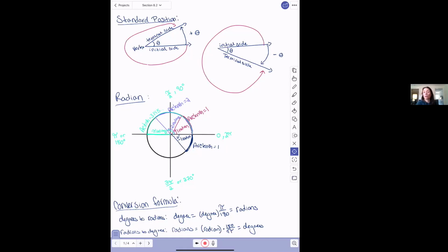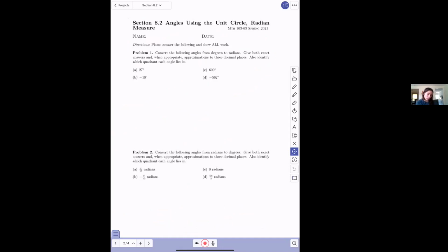And that's just how I've always remembered which way goes where. Any questions? Okay. Moving on to the actual worksheet then. You don't need to take a picture of those notes. Those are just for you to have, so you don't have to worry about submitting those.